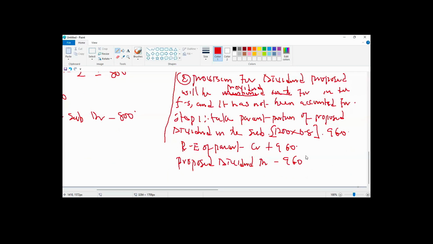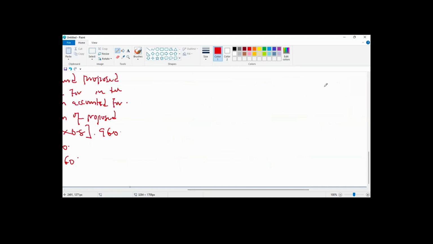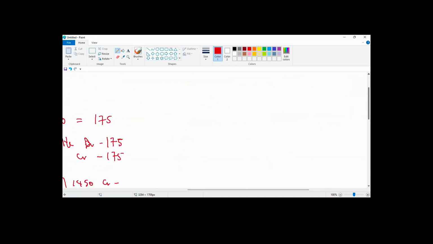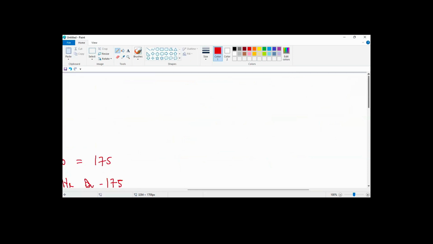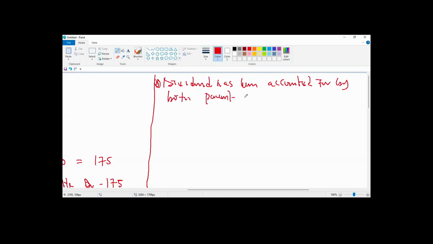The second one. The third one: the dividend has been accounted for by both parent and subsidiaries.